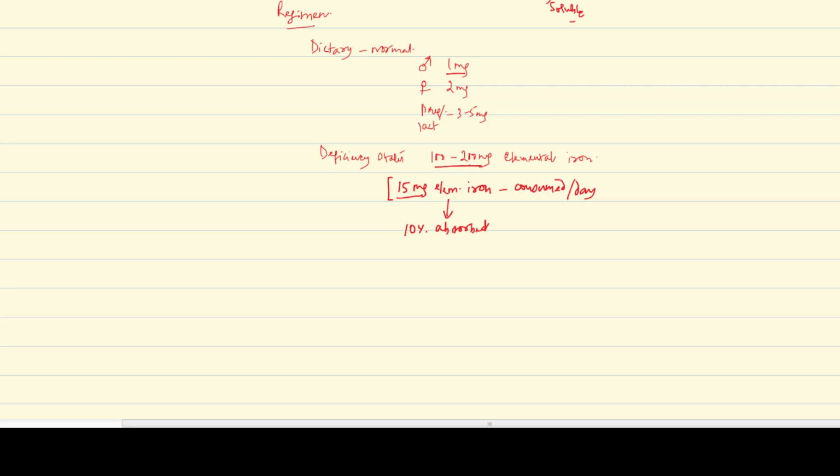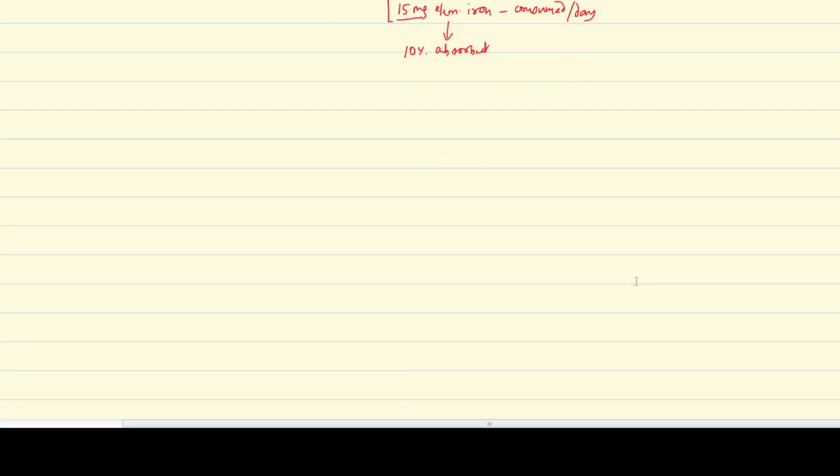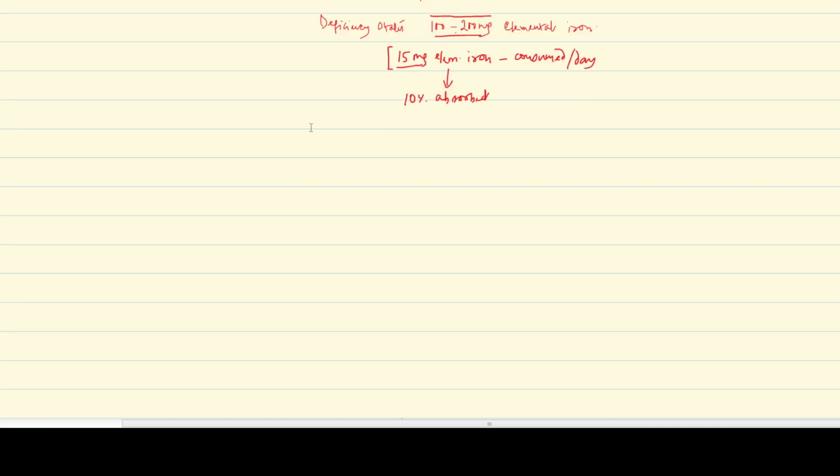So the only recourse to replenishing the stores in iron deficiency anemia is to give it as drugs, either oral or parenteral. Which means we need to know just how much elemental iron is available from these various important formulations.